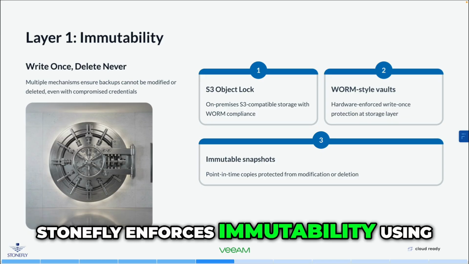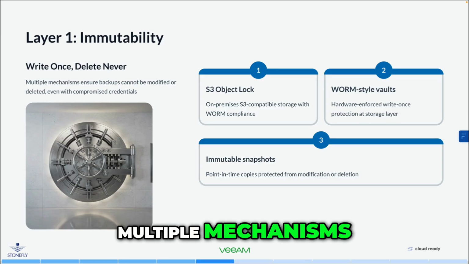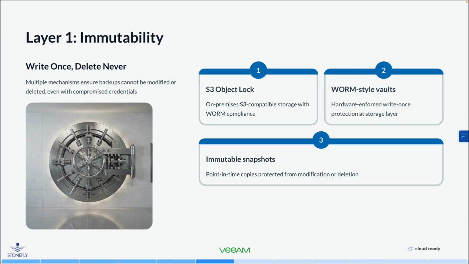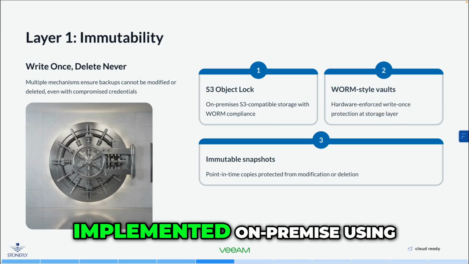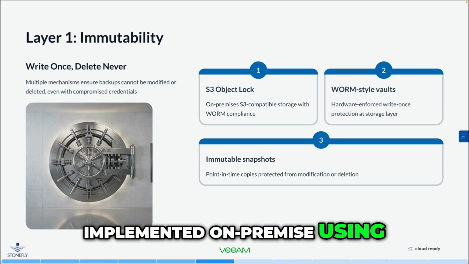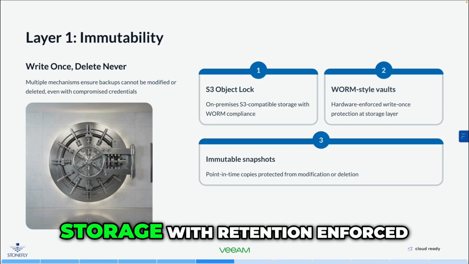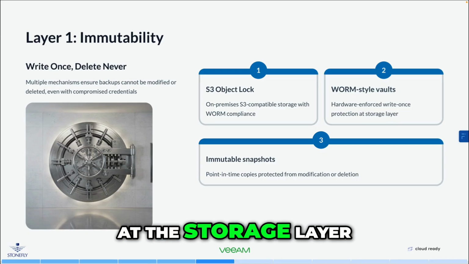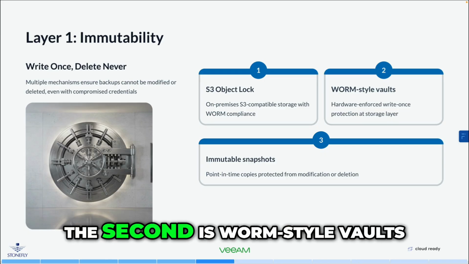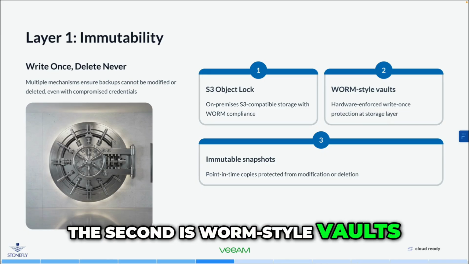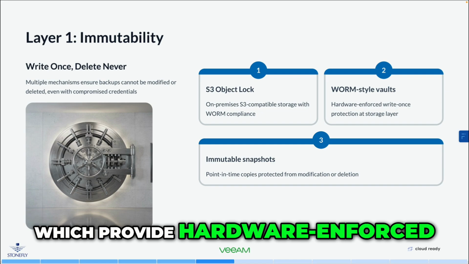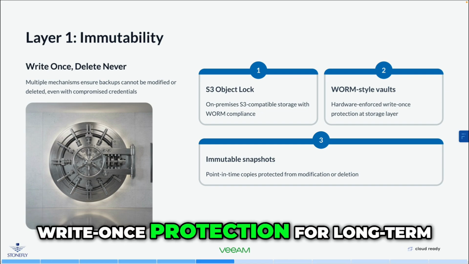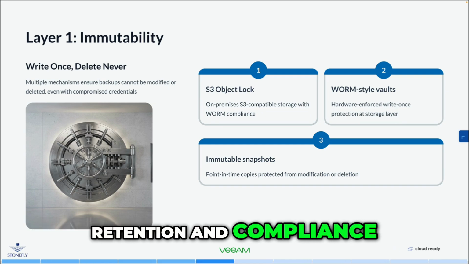StoneFly enforces immutability using multiple mechanisms, not a single setting. The first is S3 object lock, implemented on-premise using S3 compatible storage with retention enforced at the storage layer. The second is worm-style vaults, which provide hardware-enforced write-once protection for long-term retention and compliance.